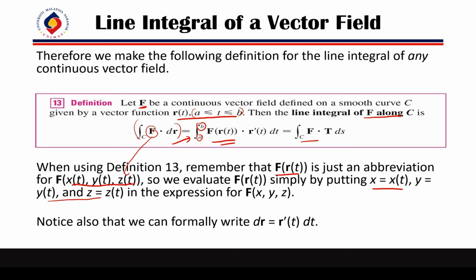Notice also that we can formally write dr equal to r prime(t) dt. So that means dr/dt is equal to r prime(t), that is, the derivative of r is r prime(t).